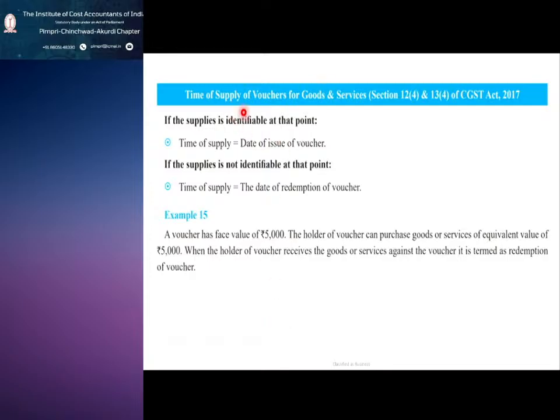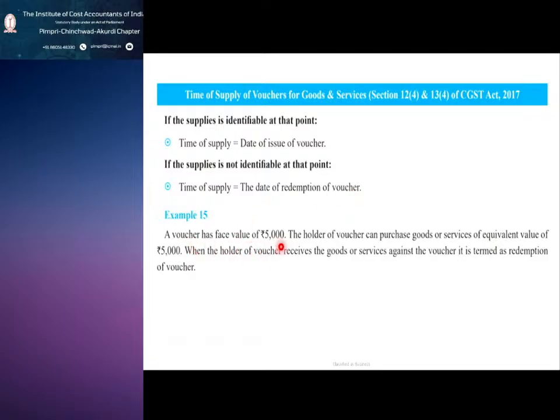If you remember the time of supply, these two things we have seen. What is 12 subsection 4 and 13? 12 is for goods and 13 is for services. If the supply is identifiable at that point, then the time of supply is the date of issue of voucher. If the supply is not identifiable, it is the date of redemption of voucher.